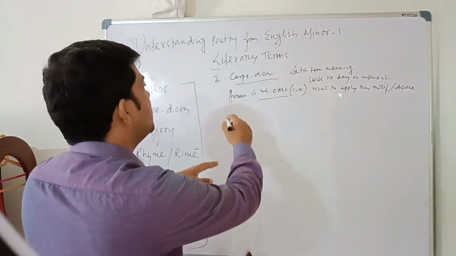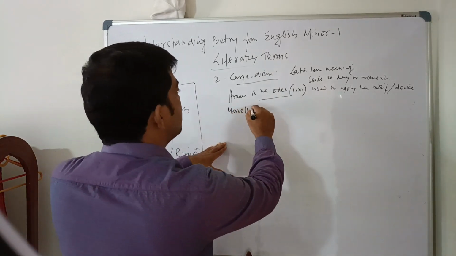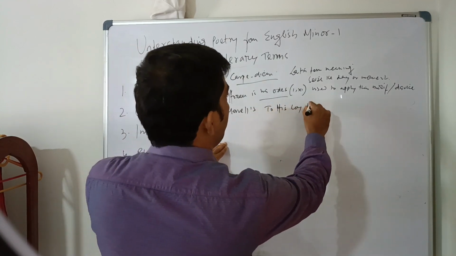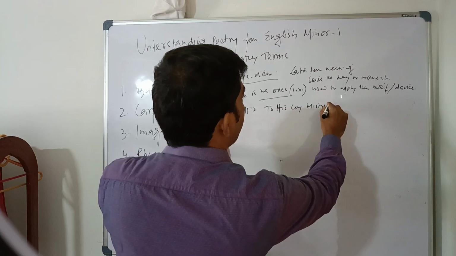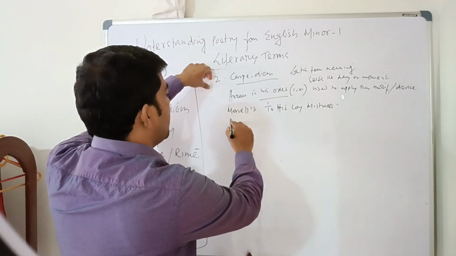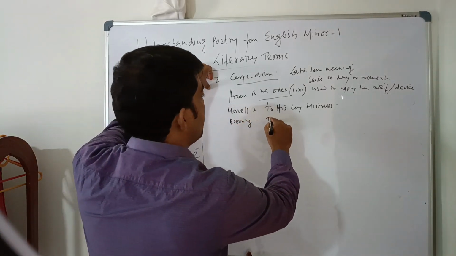The metaphysical poet Marvell, To His Coy Mistress. And the Victorian poets, Browning, The Last Ride Together.